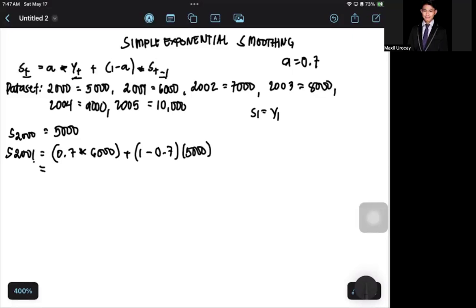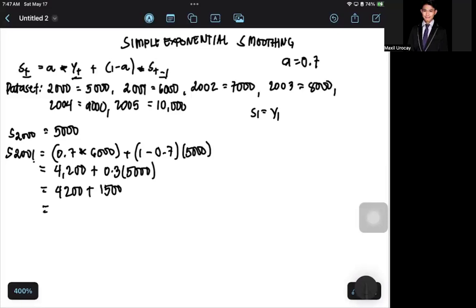So we'll calculate 0.7 times 6000. You need to do it step by step. That is 4200 plus 0.3 times 5000, which is 1,500.